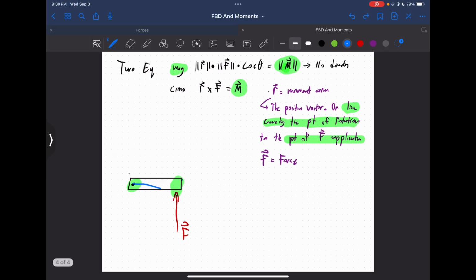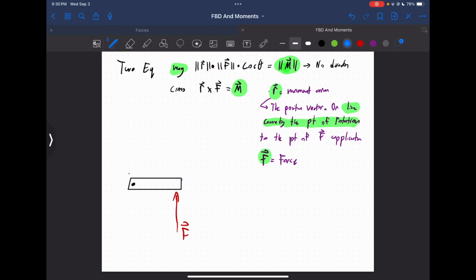If we were given the exact, it would be roughly like that. But we're just going to pretend that this is a really thin piece of wood. It's like 0.0001 meters. So very thin, that doesn't matter. So we have R and F.